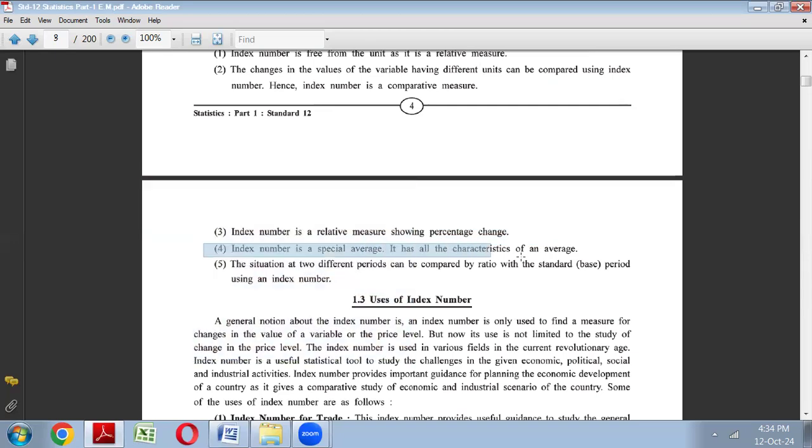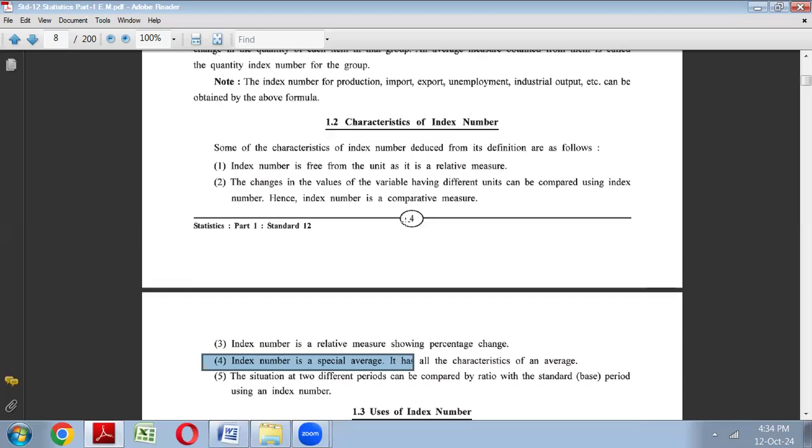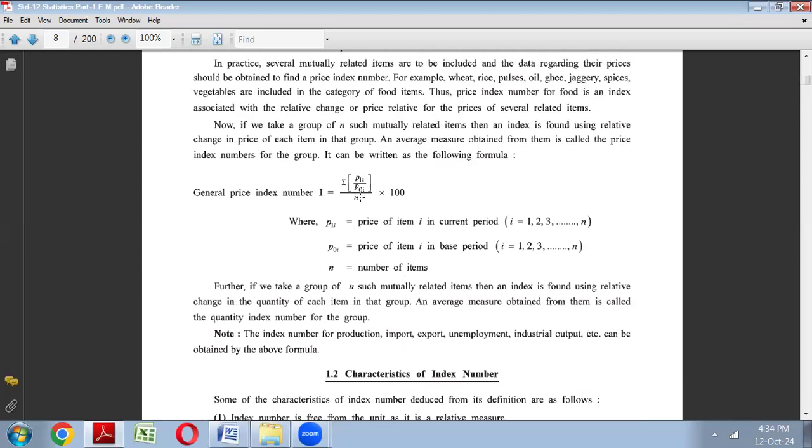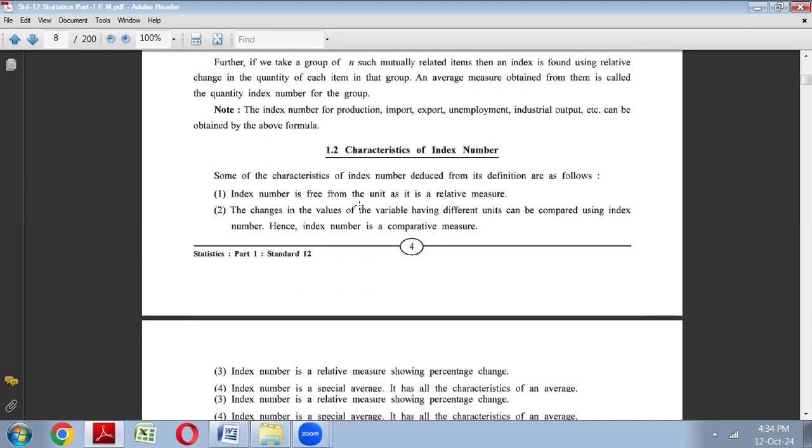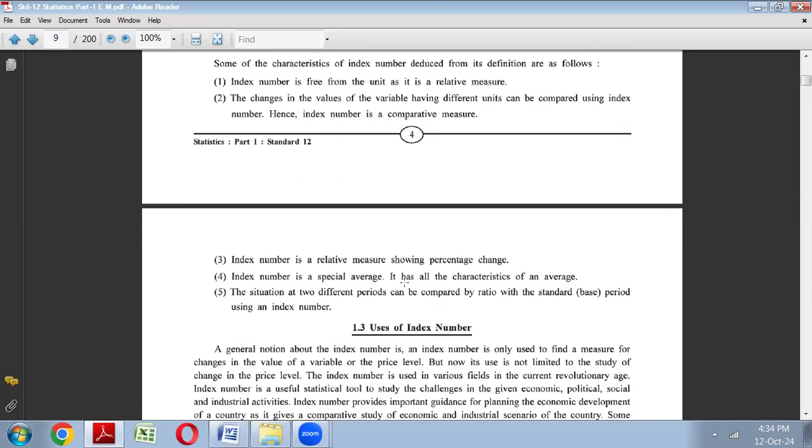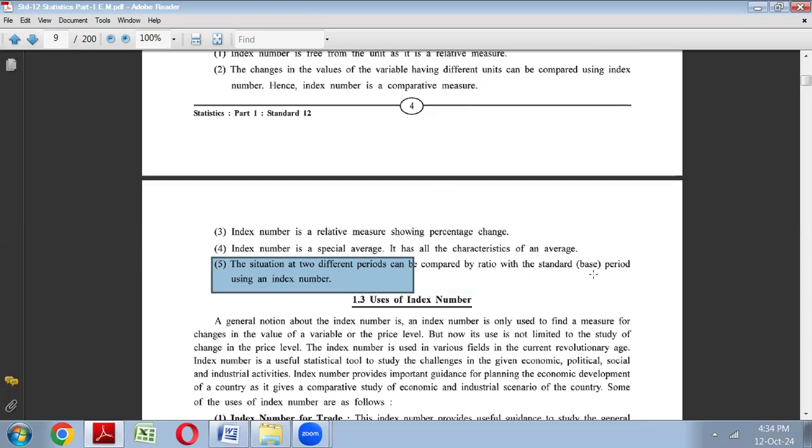Index number is a kind of spatial average. Basically, it is an average, right? Here upon n, whatever number of items are there, that we are dividing, so it is a spatial kind of average. And the last is that the situation of two time periods can be compared with the standard base period using an index number.